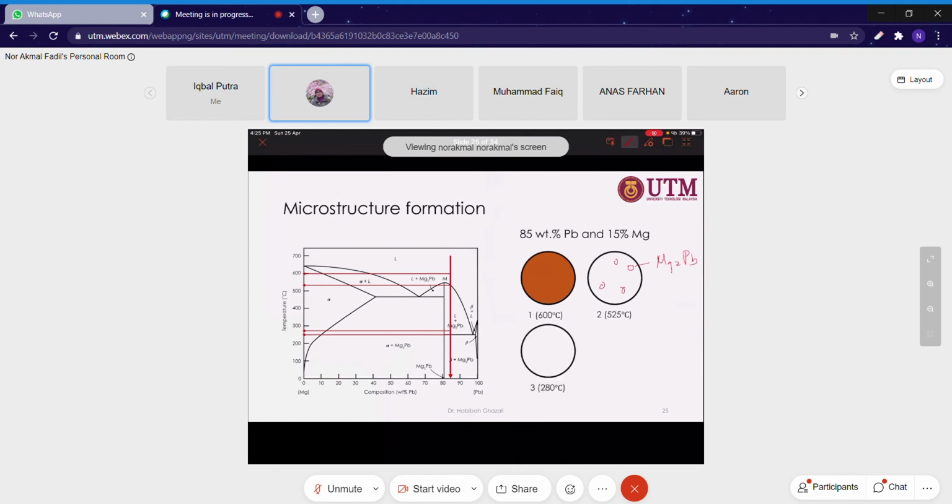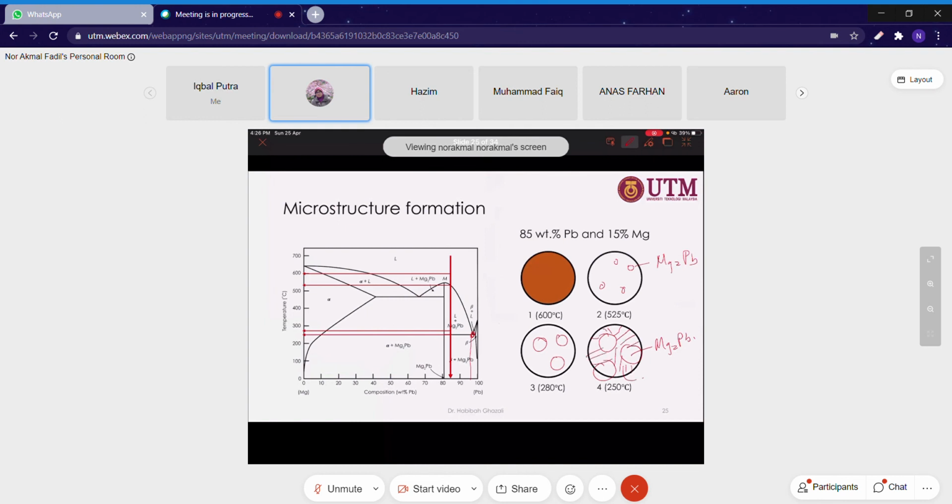At room temperature you will observe, remember you have the eutectic point here, so the mixture between these two involves the eutectic structure. So let's say the primary Mg2Pb is formed here, and the remaining will be eutectic structure.